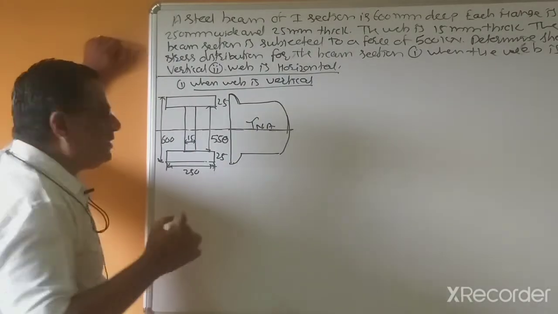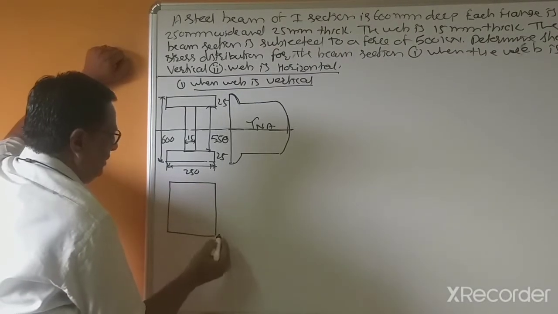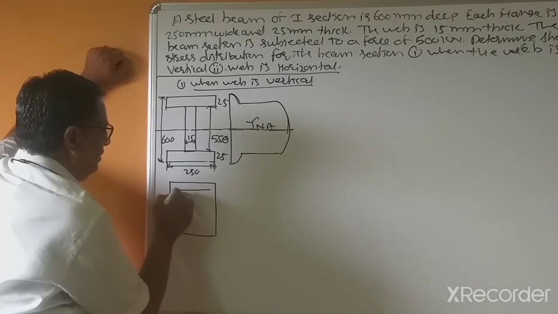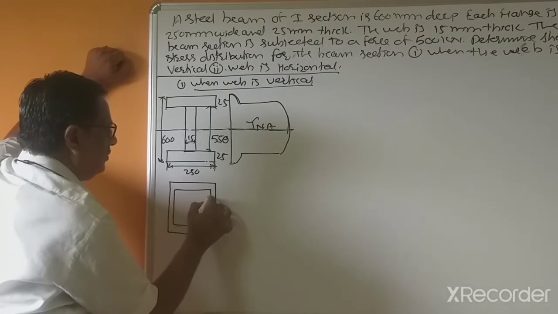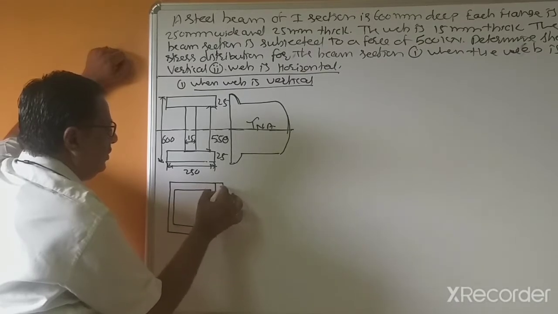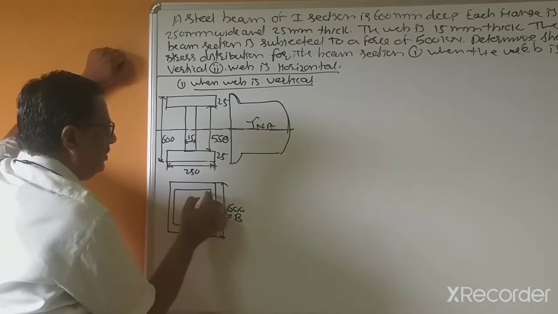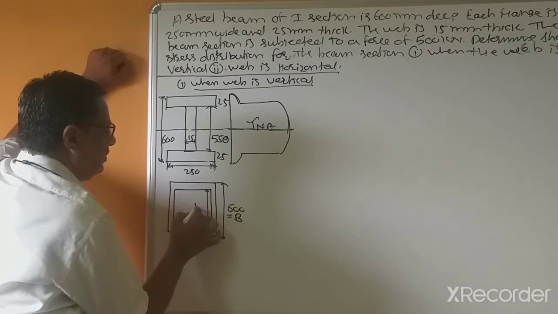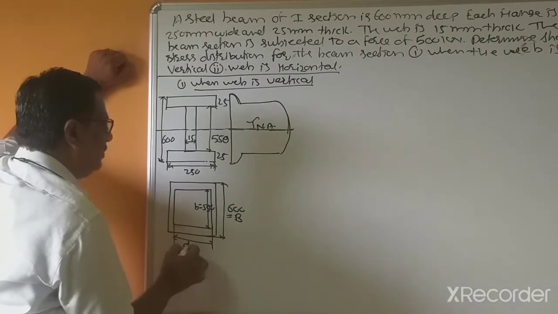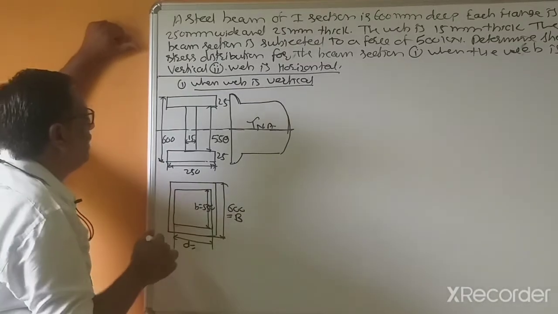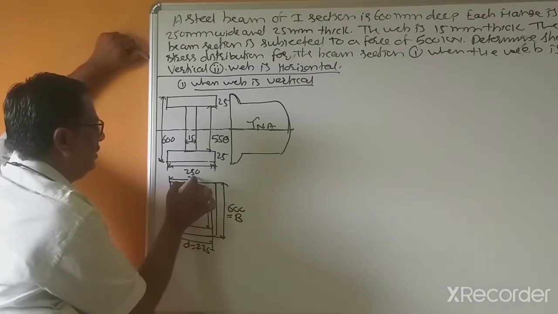For calculation purposes we can simplify this: overall D equal to 600, small b equal to 550, small d equal to 250 minus 15, which is 235, and the width again 250.